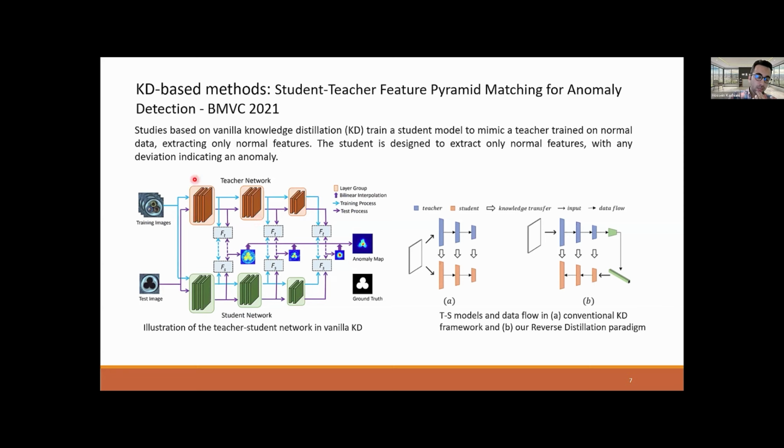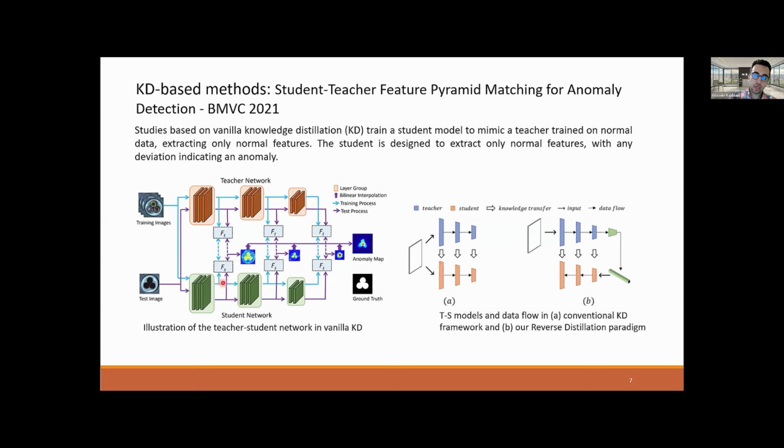Basically, in knowledge distillation-based anomaly detection, we have a teacher network that is already pre-trained on a large amount of source data. Let's imagine that this teacher network has been pre-trained on ImageNet. To train our student network to learn the distribution of the normal data for our main task, which is anomaly detection, we distill the knowledge from the teacher to a student in different feature representations at different stages of the network, and try to enforce the student to mimic the representation of the teacher at different stages.